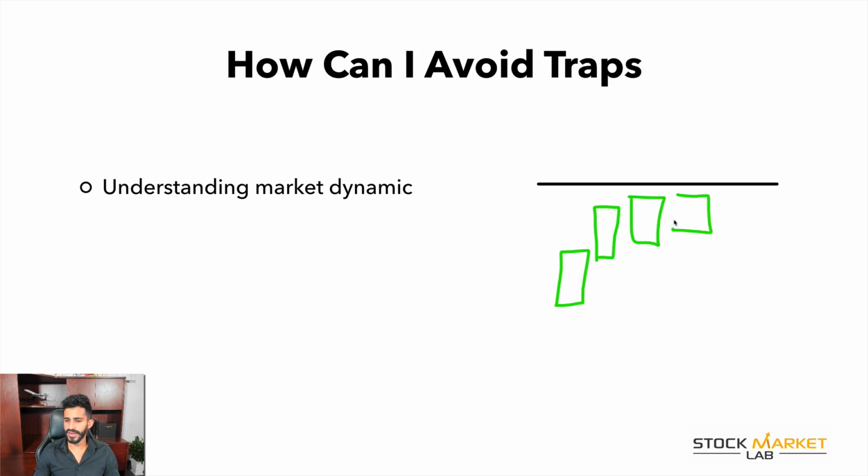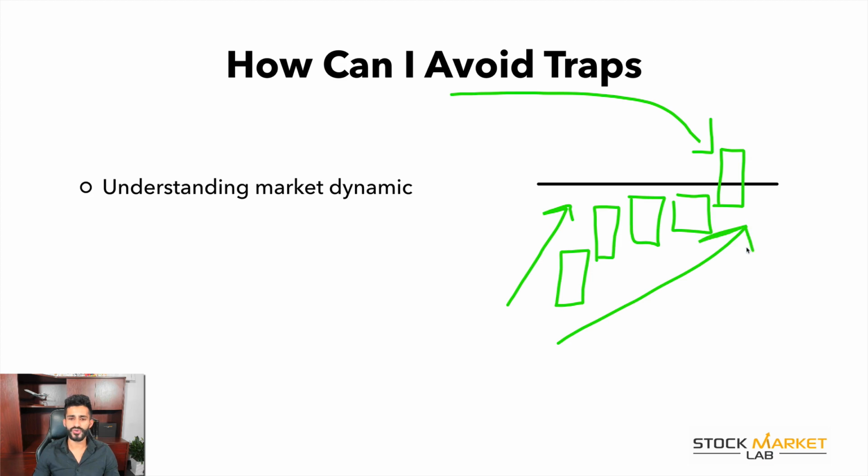Something that consolidated, something that took a break after it made a big move up, right? Now this breakout looks a lot stronger. Now this does not mean that this could not be a fake trap. This could also be a fake trap, but just understanding the move up helps you decrease the chances of you getting caught up in a trap.